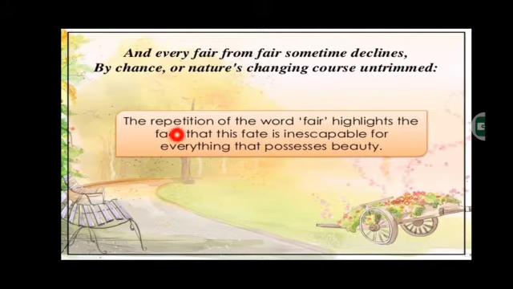The repetition of the word fair highlights the fact that this fate is inescapable for everything that possesses beauty. So it means that there is decline to every beauty, and beauty will not remain for a long time. It will remain for a limited time.